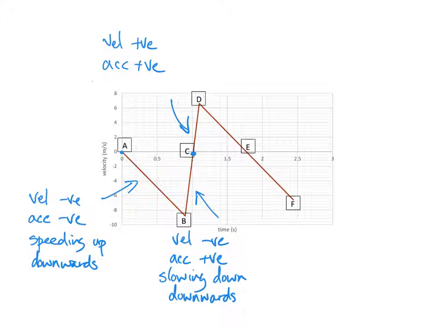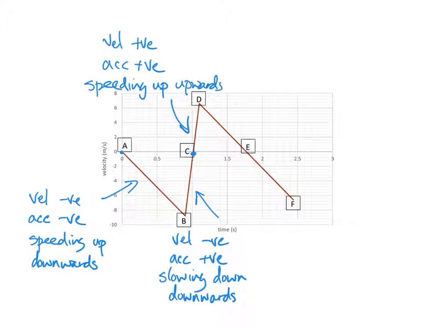So what we've got is speeding up upwards. And like I say, physically what's happening there is the ball is bouncing back, basically. It's expanding again, having squashed when it hit the ground.